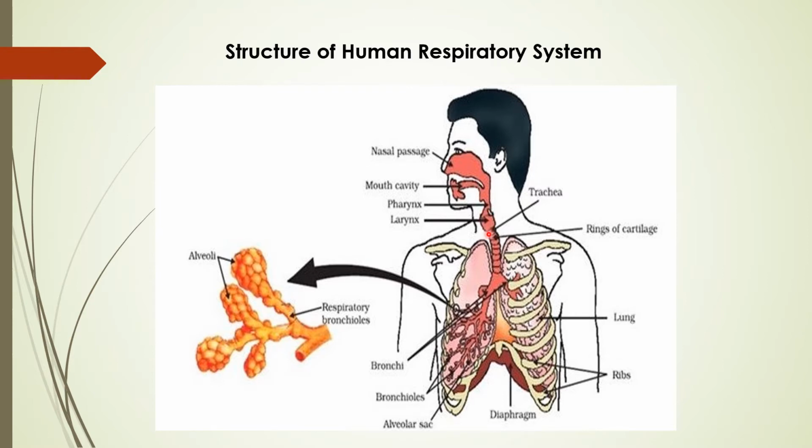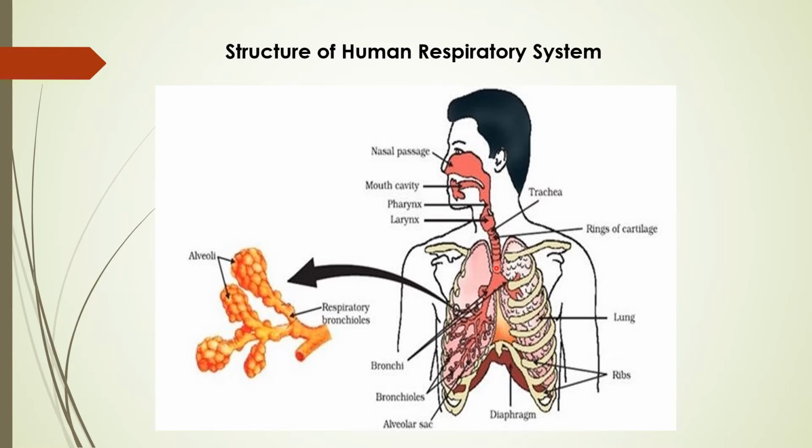In the trachea there are incomplete rings of cartilage, and these keep the trachea open, allowing the passage of air into the lungs, and also prevent it from collapsing if there is no air. The trachea is not a bony structure, it is a very fine contractile structure, so these rings of cartilage also provide shape to the trachea.